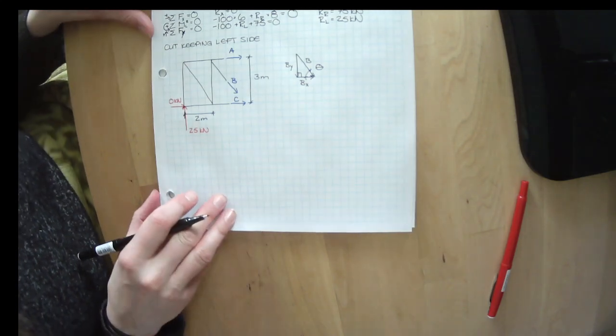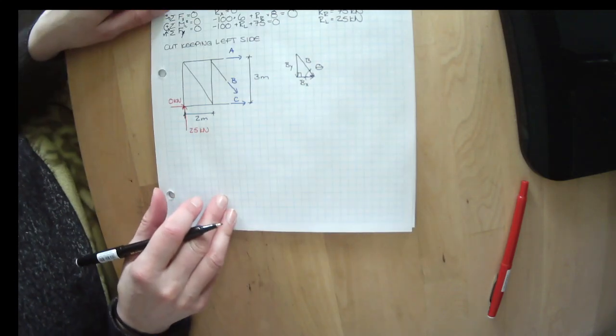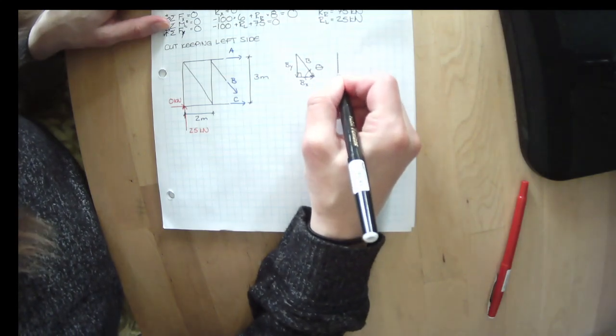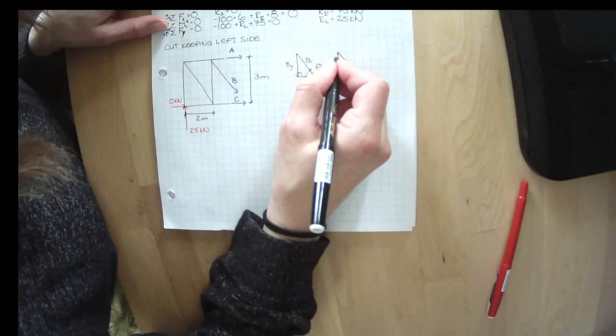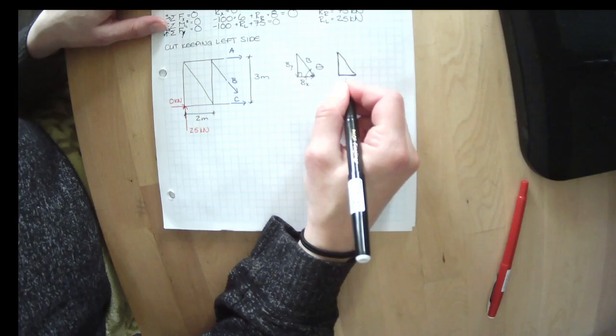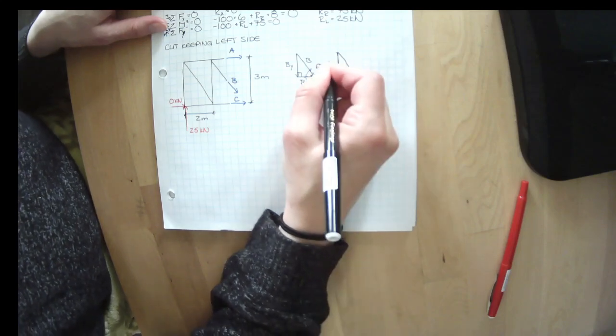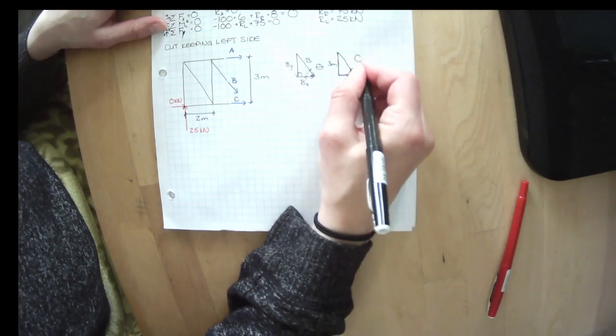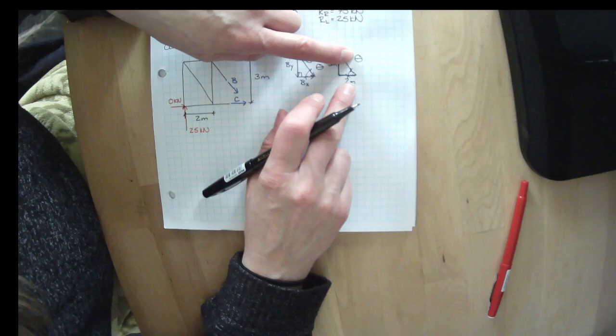How could we figure out what that angle is? Well, we know that these forces are following the same triangle as our dimensions. If this is 2 meters and this is 3 meters, we can figure out what that angle is.